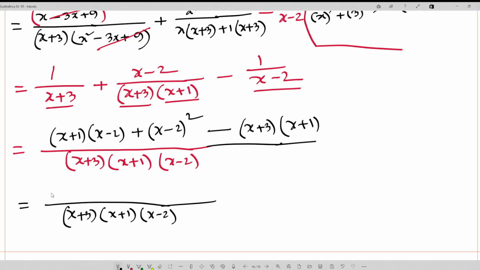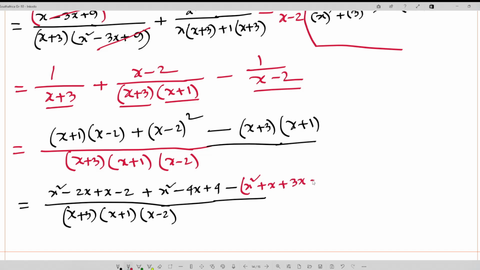So here x square minus 2x plus x minus 2, plus x square minus 4x plus 4, right, minus this one, we can write x square plus x plus 3x plus 3, okay.